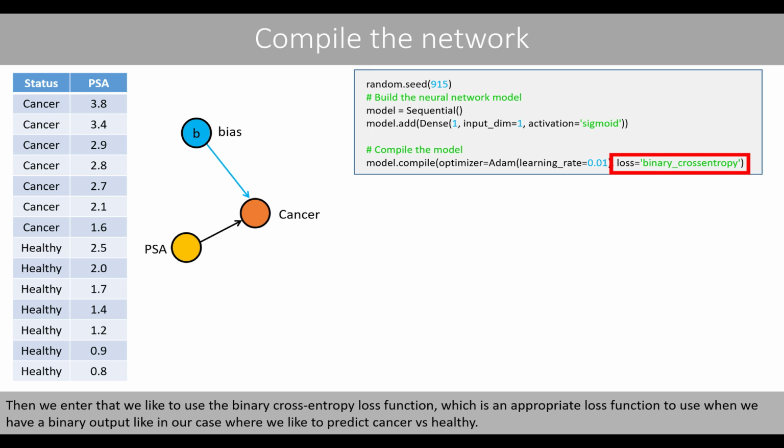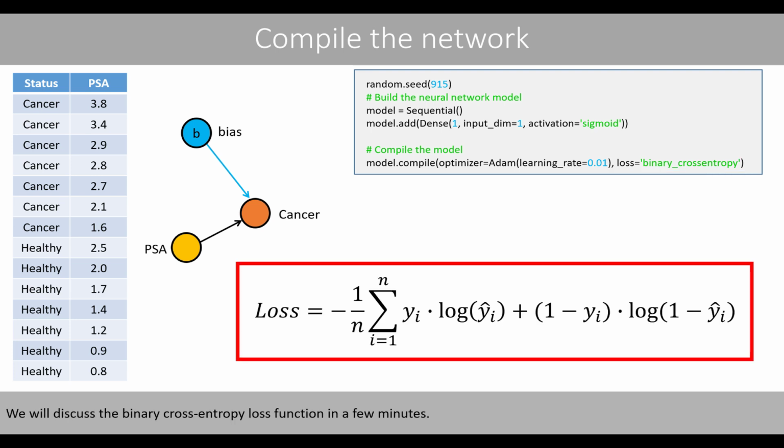Then we enter that we like to use the binary cross-entropy loss function, which is an appropriate loss function to use when we have a binary outcome, like in our case, where we like to predict cancer versus healthy. We will discuss the binary cross-entropy loss function in a few minutes.